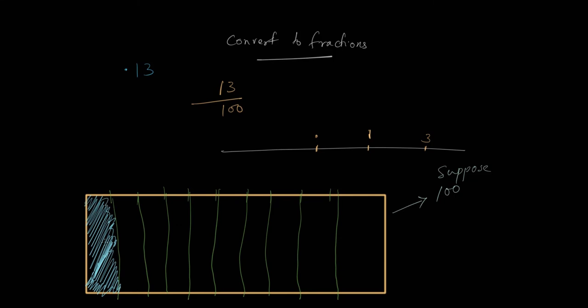This 3 is shaded, and we need 13. Now this is only 10 by 100, but we want 13 by 100. So for 13 by 100 you have to shade more. This much portion of the next 10 will also be shaded, so it becomes 3. This is 10, this is 3, so it becomes 10 plus 3 out of 100. So you'll get 13 out of 100.